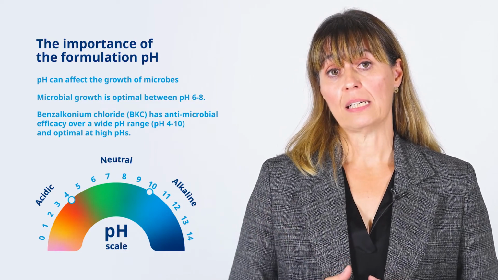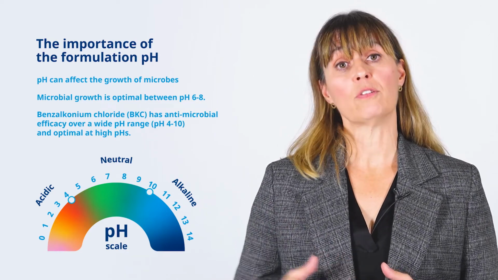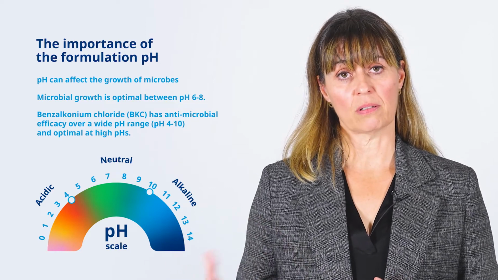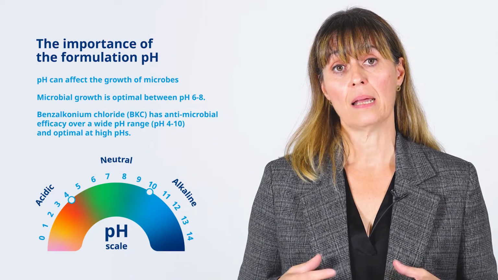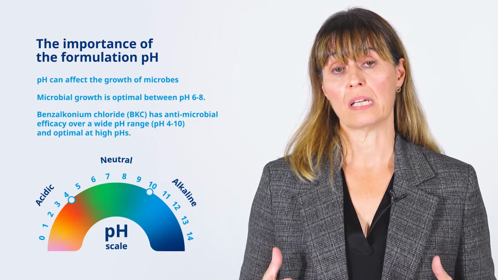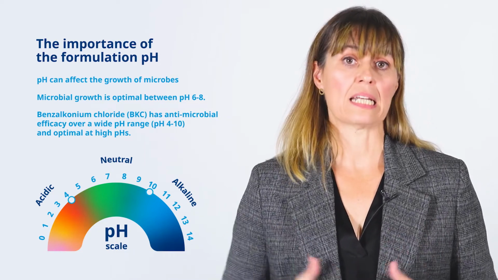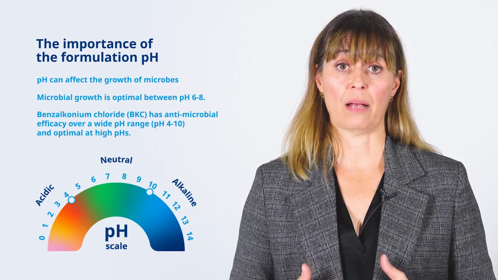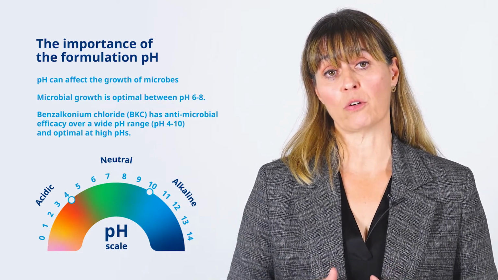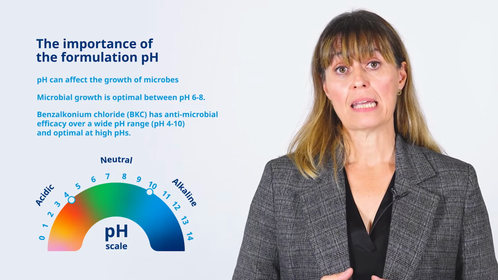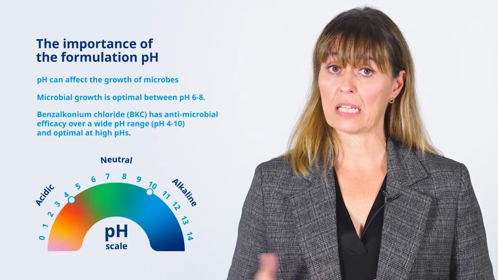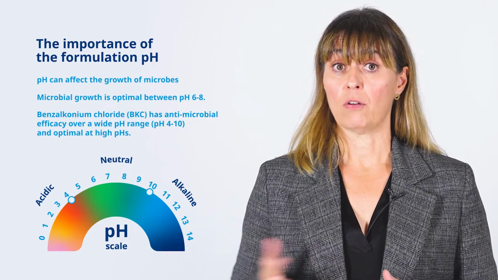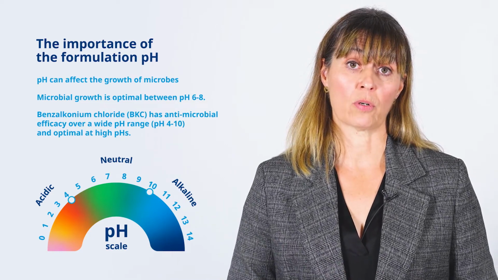Then additionally, benzalkonium chloride is even more effective at higher pH because this affects the cell wall components and makes microbial cell walls even more negatively charged, which helps binding of the benzalkonium chloride to the membranes. Therefore, if your formulation is at very high pH, you might consider using a lower concentration of benzalkonium chloride as a preservative.